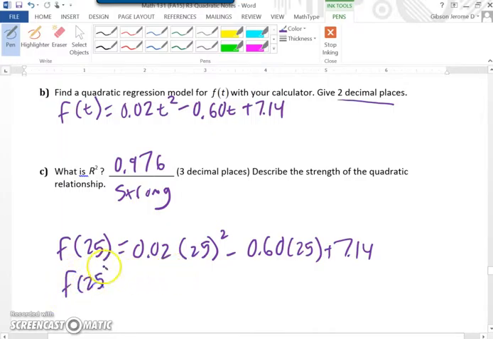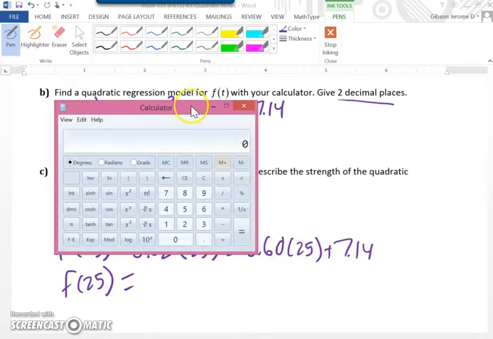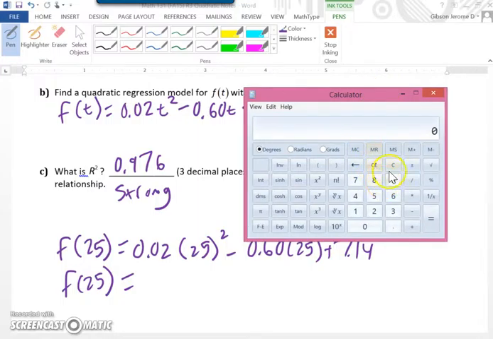Now, when you put this in your calculator, in fact, I could use this calculator here. When you put this in your calculator, let's see what we would get. Minus 6 times 25 plus 1.4.